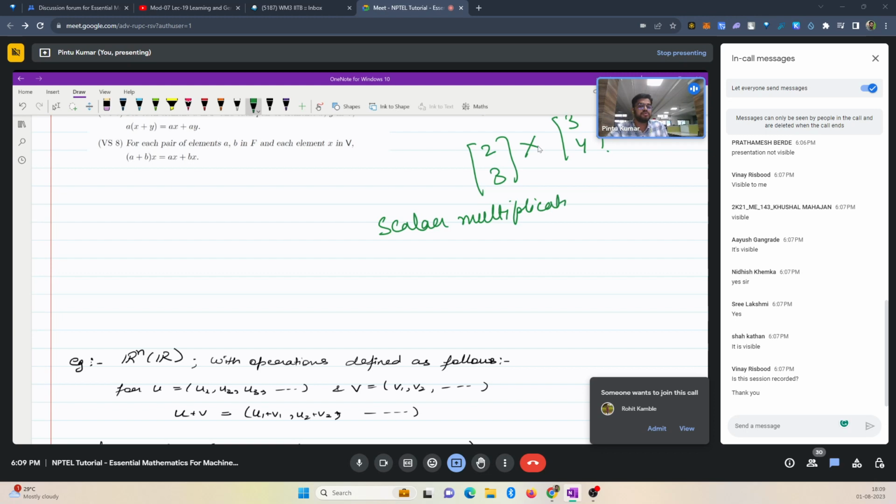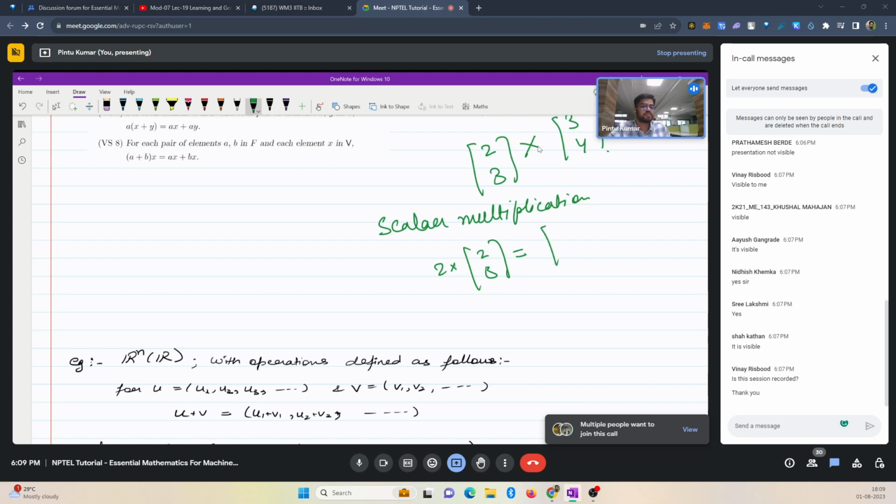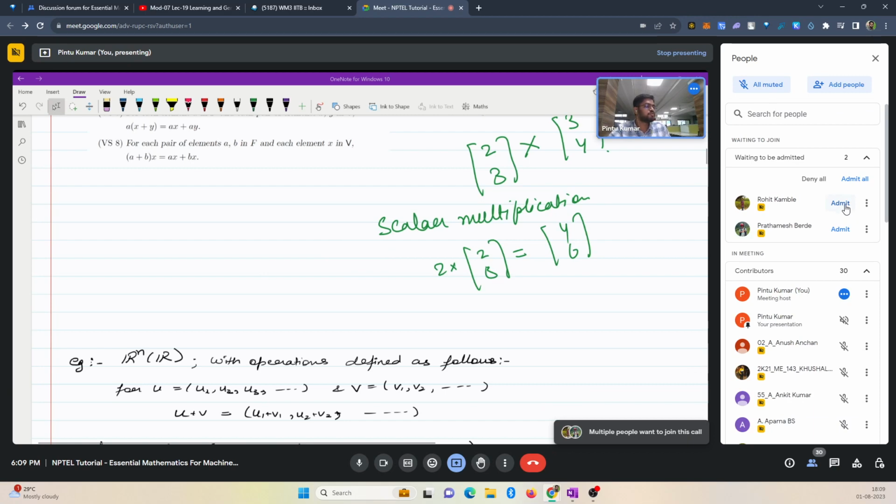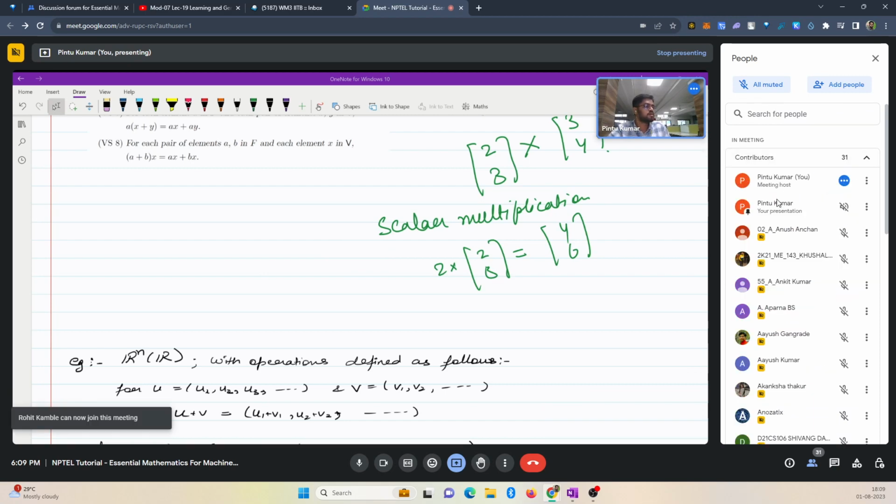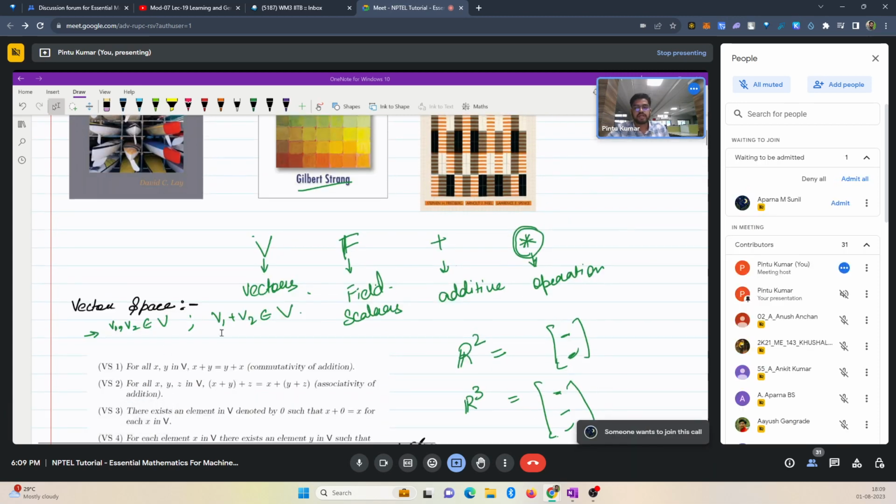If I ask you to multiply, let's say, 2 by (2, 3), most of you know the answer. This is (4, 6). So the idea is that if you multiply a vector with some scalar, then you should get a vector within V itself.